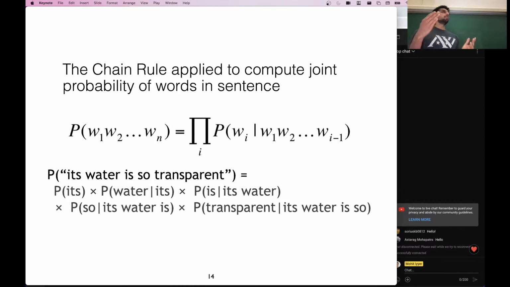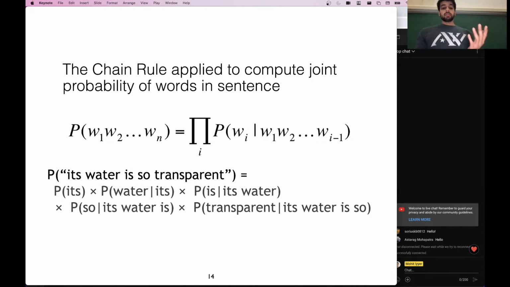So how might we estimate, let's say, the probability of "its"? Any ideas on how we could get a good sense of what the probability of "its" means? Yeah, exactly. So I can take a huge collection of text and count up how often every word occurs in this piece of text. So how often does the word "its" occur compared to the total number of words, right?